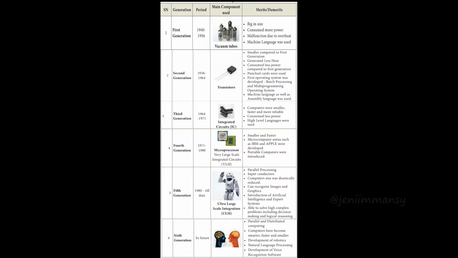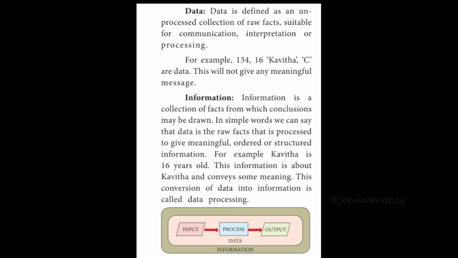Okay. So the next question of this chapter is data and information. Data and information, in the sense, we have a definition for data, a definition for information. That is either a differentiation between data and information, or else it will be asked separately for a 2 mark also.